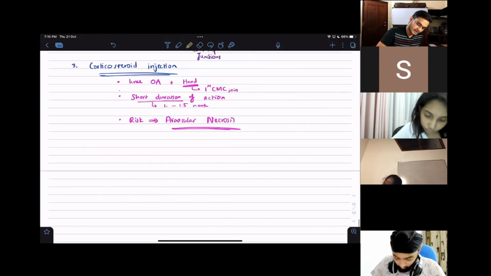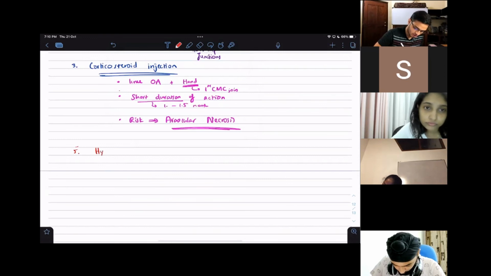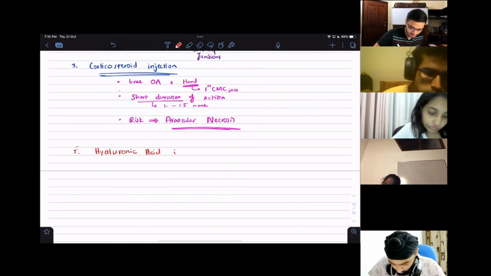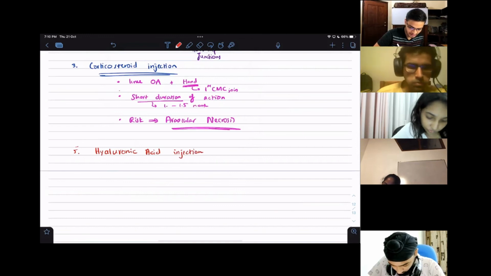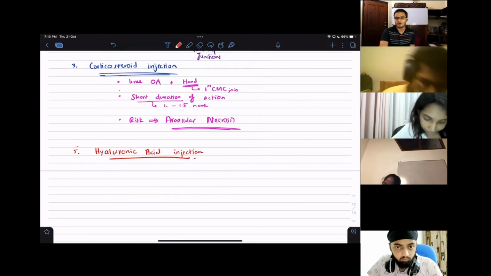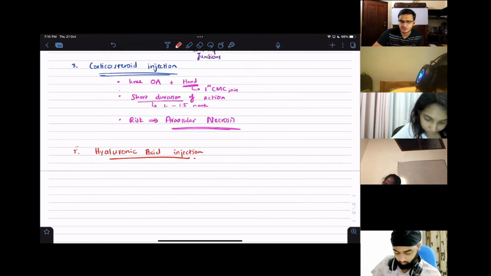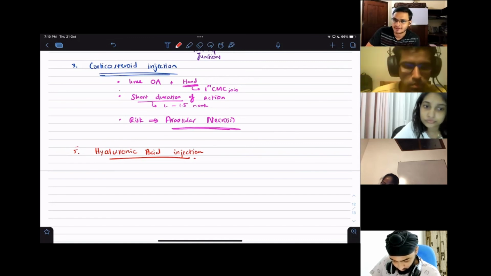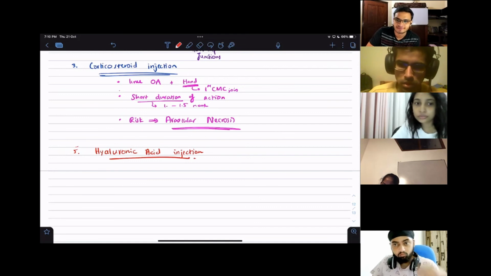Then, guys, the next one, number 5. This one you all already know. Tell me, hyaluronic acid injections. How does this work? What does this do? Why are we giving this? To increase the shock.